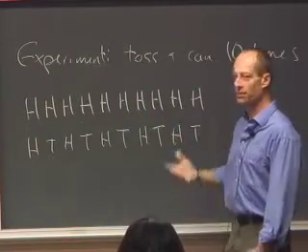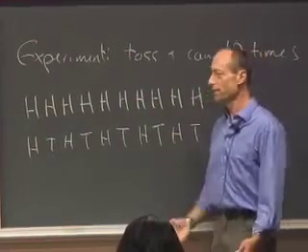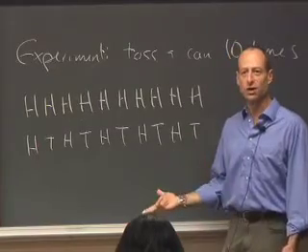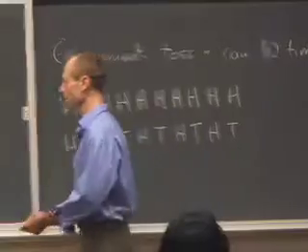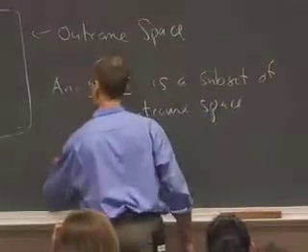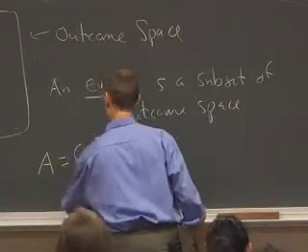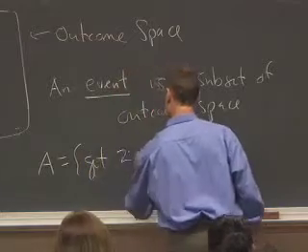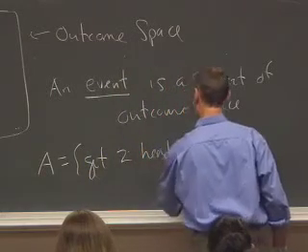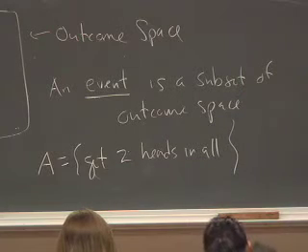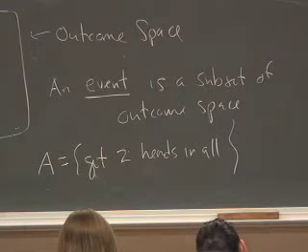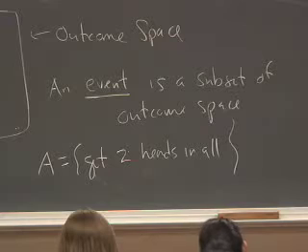What is an example of an event in this case? An event might be the event that you get 2 heads in all. Okay? So one example of an event might be, we'll call this A, is the event that you get 2 heads in all. Okay, so what subset of outcome space does that correspond to?